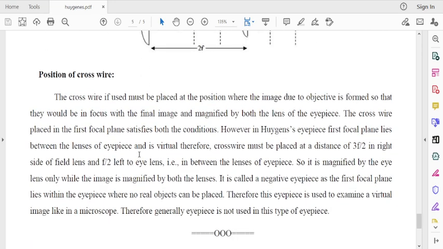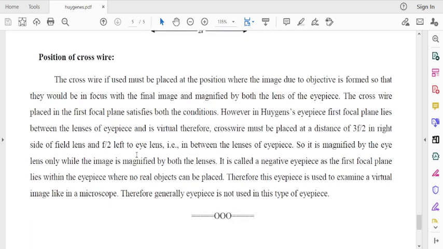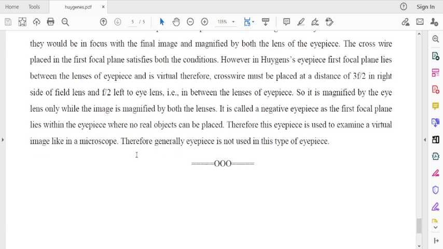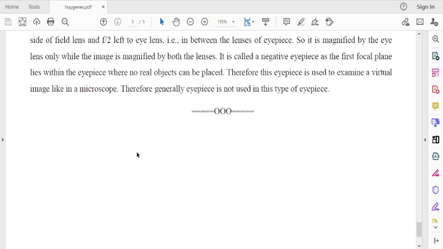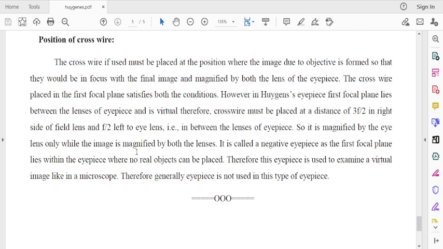Now the position of the crosswire we have already discussed previously, and see what are the merits of this eyepiece. We should know the Huygens eyepiece is fully free from chromatic aberration.